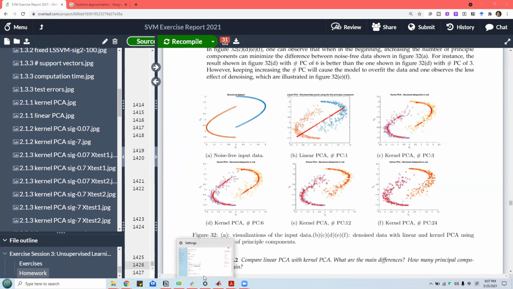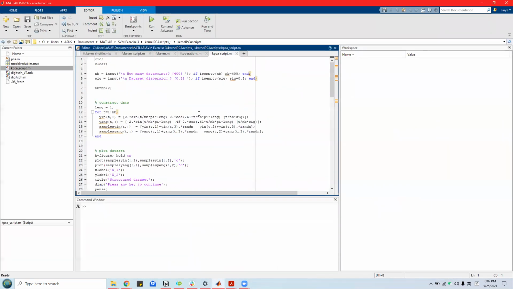So you can see the plot, right? Yes, we can see. Basically, the first plot is a visualization of the input data. You get this by setting the data set dispersion to 0, so there is no noise and you see the original input data.